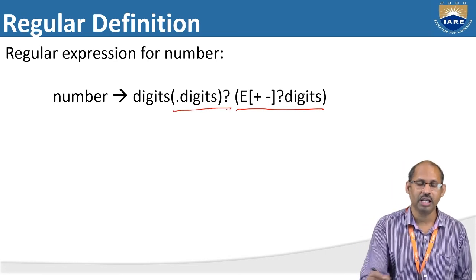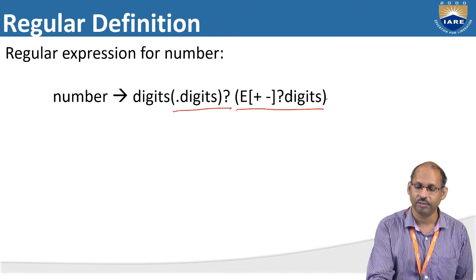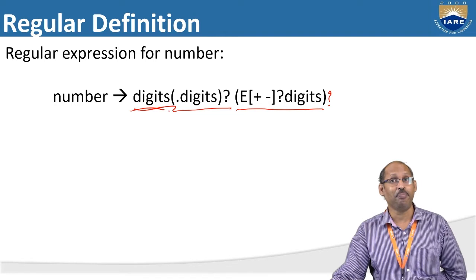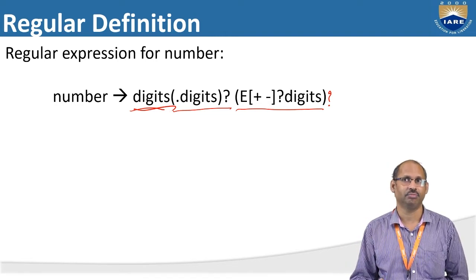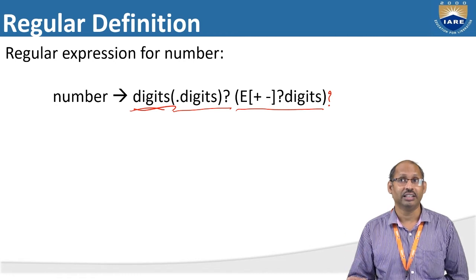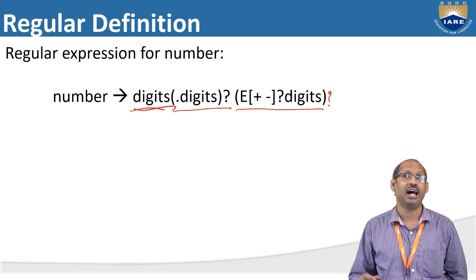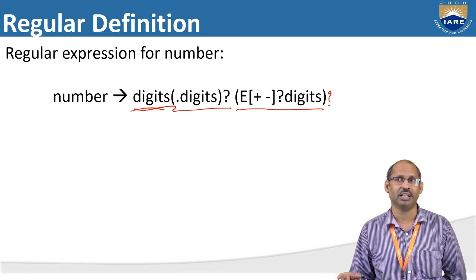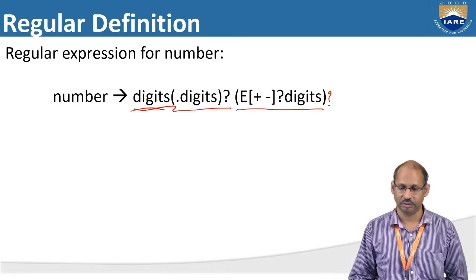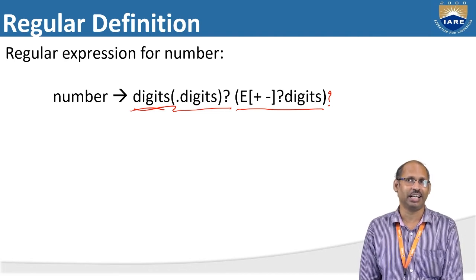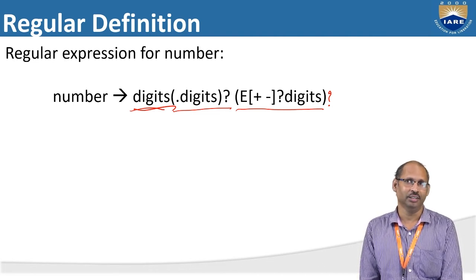And simply digits: a number might be simply a sequence of digits, or it may be followed by an optional fractional part, or it might be followed by an optional exponent. Right? So for today, I'm closing this section on regular expressions, writing and representing regular expressions.